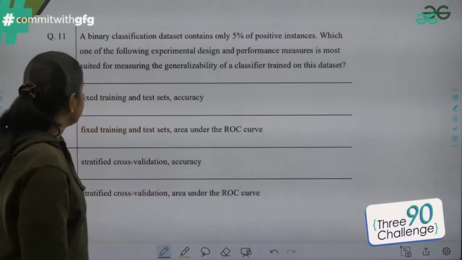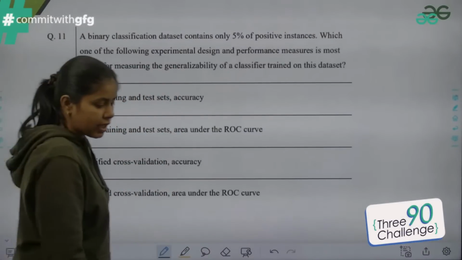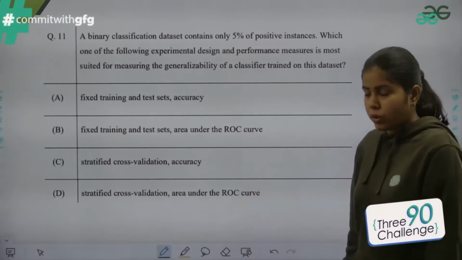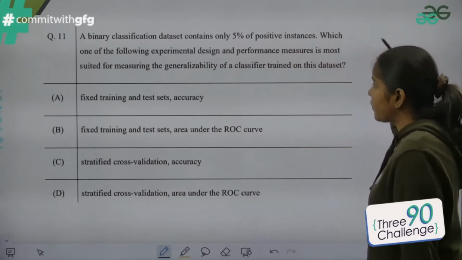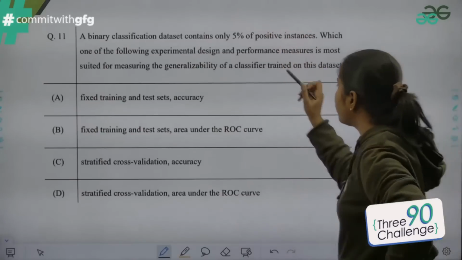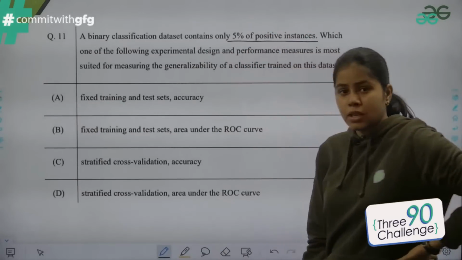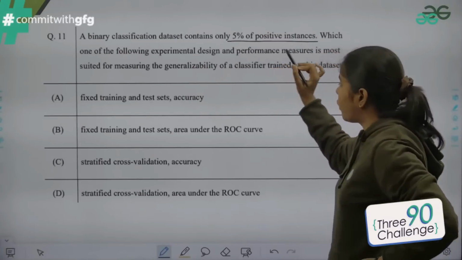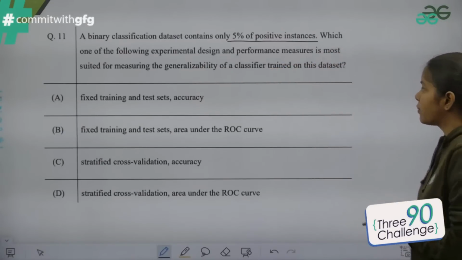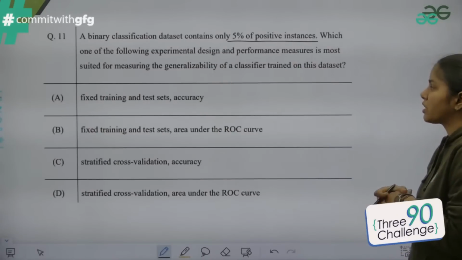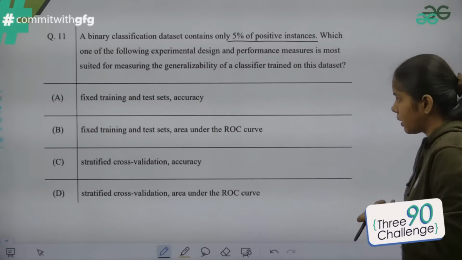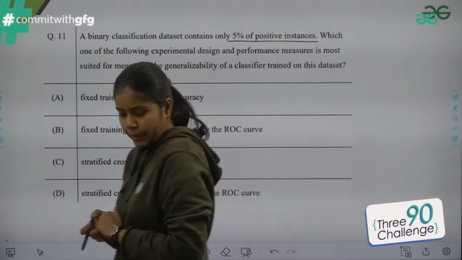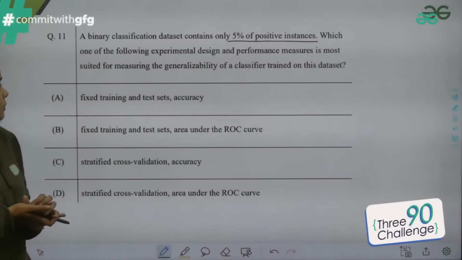Let's see another question. So this is another question, guys. Just tell me which of the options is true. This is again a question from a mock. It says that a binary classification data set contains only 5% of positive instances. Which one of the following experimental designs and performance measures is most suited for measuring the generalizability of a classifier trained on this data set? Tell me, guys.